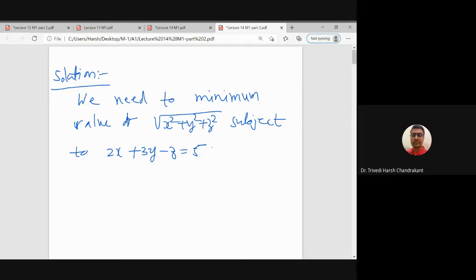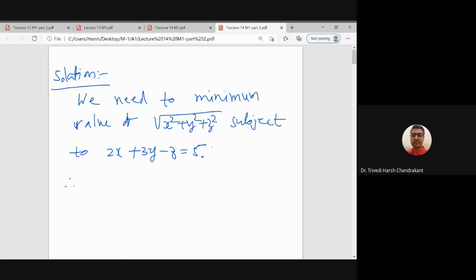Now this function is in terms of square root x square plus y square plus z square. So if square root x square plus y square plus z square has minimum value, x square plus y square plus z square also has minimum value at that point, right? So finding minimum value of the function square root x square plus y square plus z square or x square plus y square plus z square is same thing.